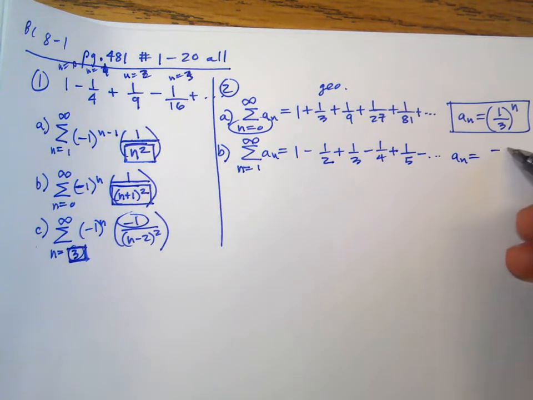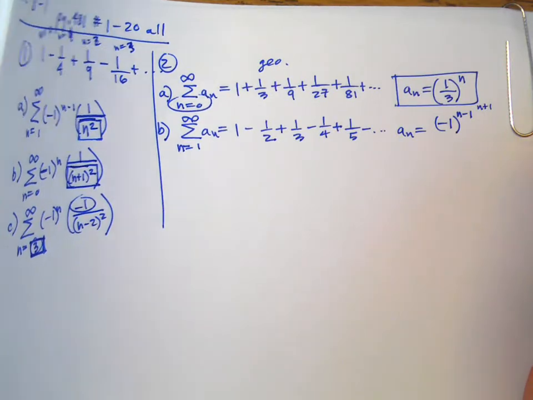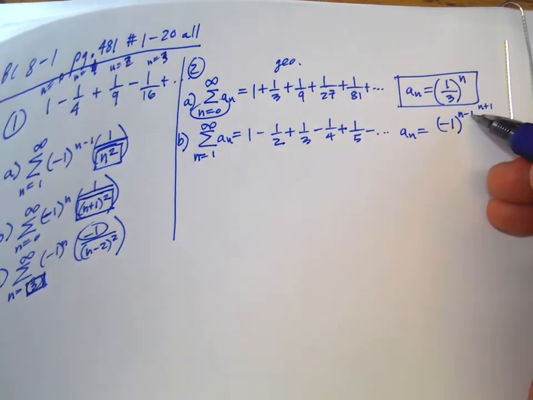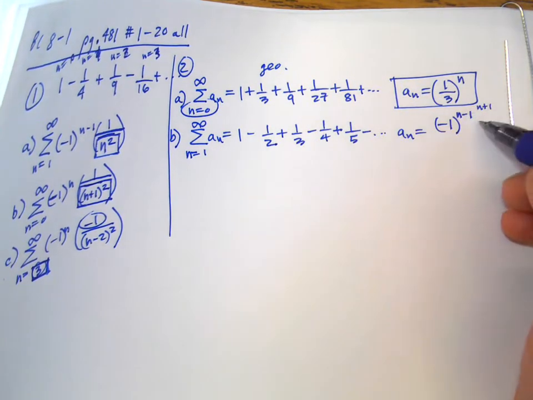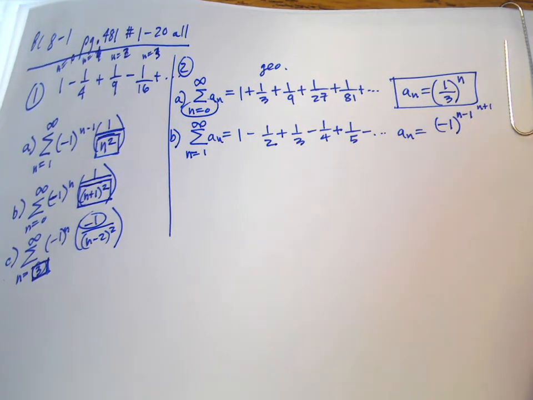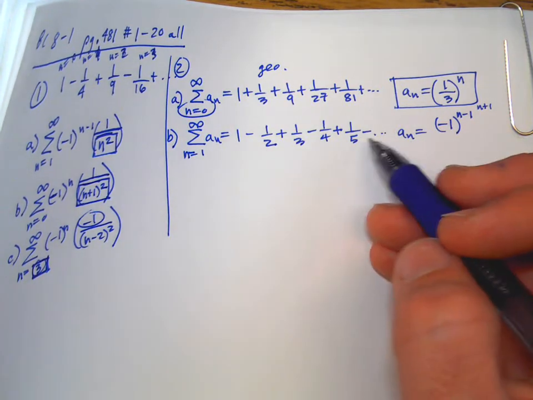Definitely need a negative 1, and it'd be like n minus 1 or n plus 1. That's up to you, or actually n minus any odd number, n plus any odd number. You want this negative to be raised to an even number on the first one, and then odd, then even. The most direct one would be n minus 1. This is 0 power. Now that takes care of that.